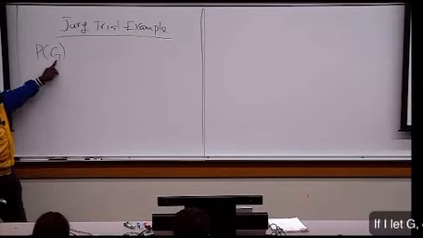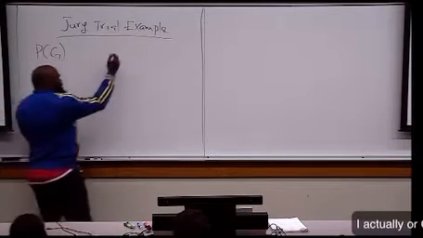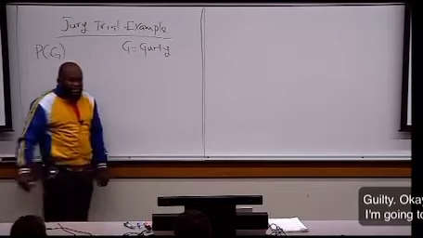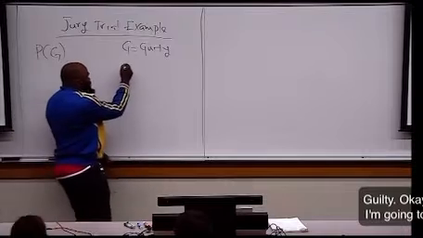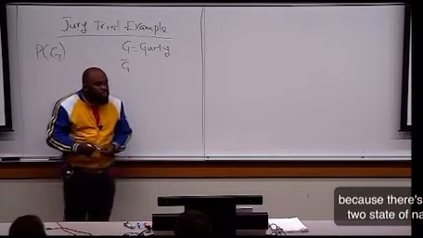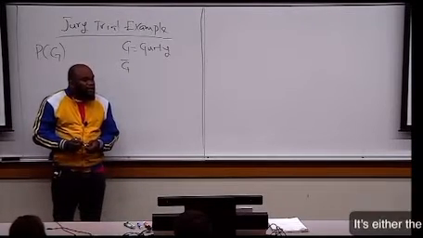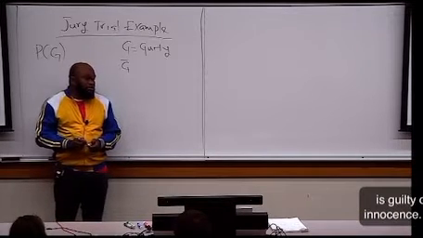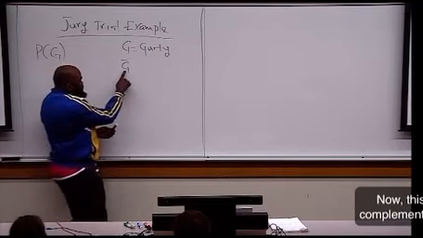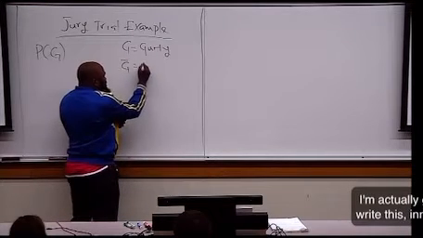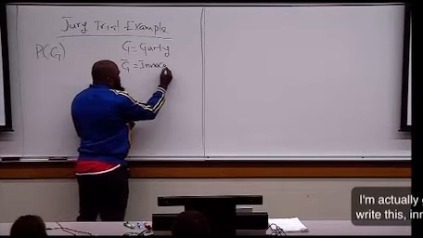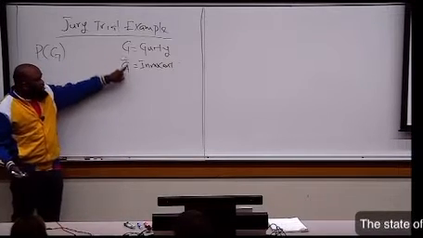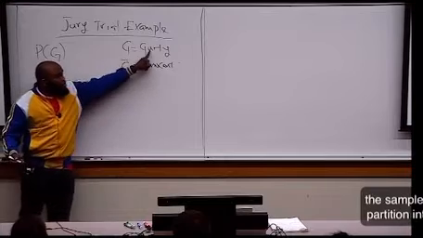So if I let G be guilty, there are going to be two states of nature here. It's either the accused is guilty or is innocent. This is the complement of that, so I'm going to write innocent here. The state of nature, the sample space, is partitioned into these.